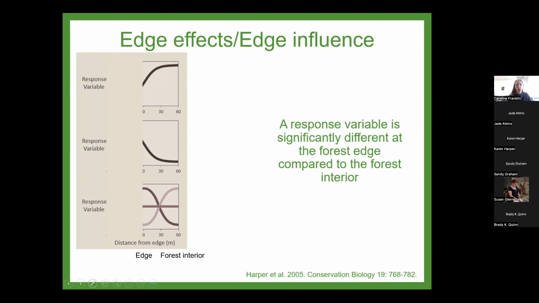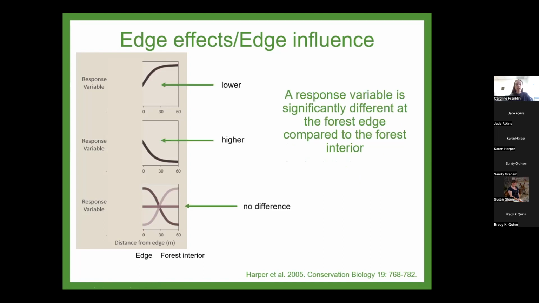And so we can consider the patterns of different response variables at the edge going into the forest interior. So for example, at the top here, in this example, the response variable is actually lower at the forest edge compared to the interior.